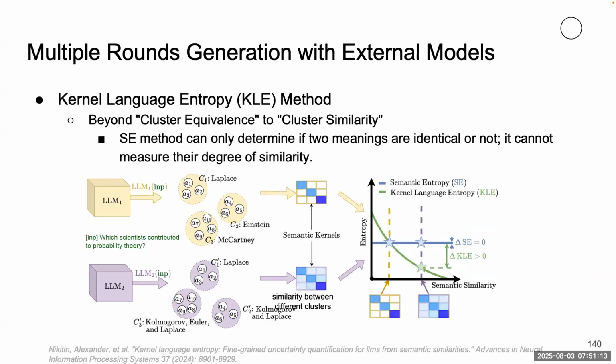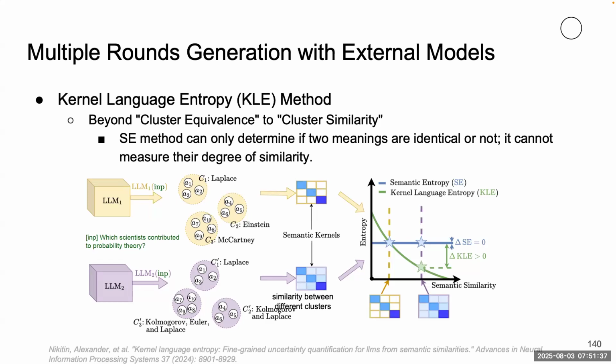So in this kernel language entropy method, instead of each generated sequence belonging to one cluster, or the clusters being mutually exclusive, they define a similarity matrix between the clusters, so that the clusters could have some overlaps.